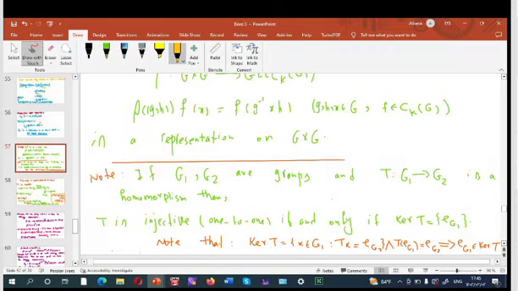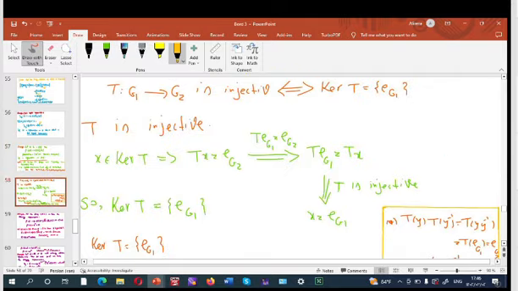This is very trivial, and note that by definition the kernel of T is all x in G1 such that T of x is equal to the identity element in G2. So the identity element of G1 is always in the kernel of T, because T of E of G1 is equal to E of G2.